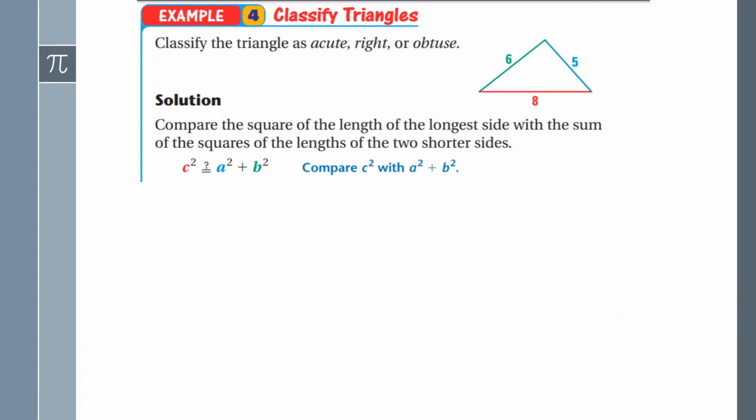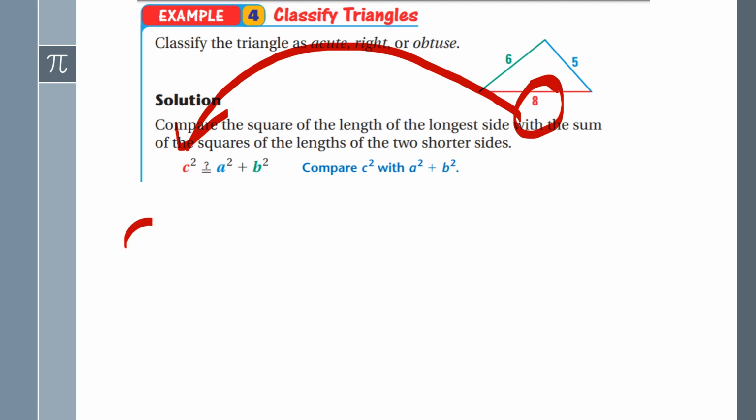Now we have a triangle that has side lengths of 5, 6, and 8. The longer side is 8. So we're going to take 8, put it back in the place of C and square it. So that's 8 squared. And we want to know, is it equal to, greater than, or less than?